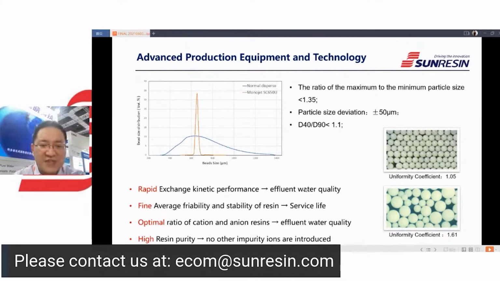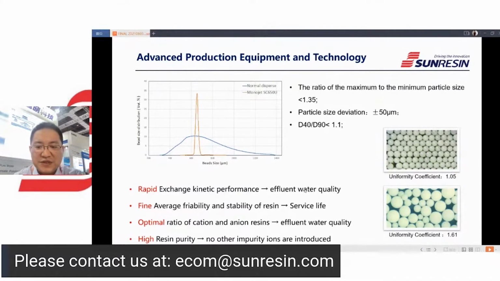The picture on the right shows resins with uniformity coefficients of 1.05 and 1.61 respectively, and the difference in particle size can be clearly seen. The difference in diameter between the maximum and minimum of UPS is less than 100 micrometers.